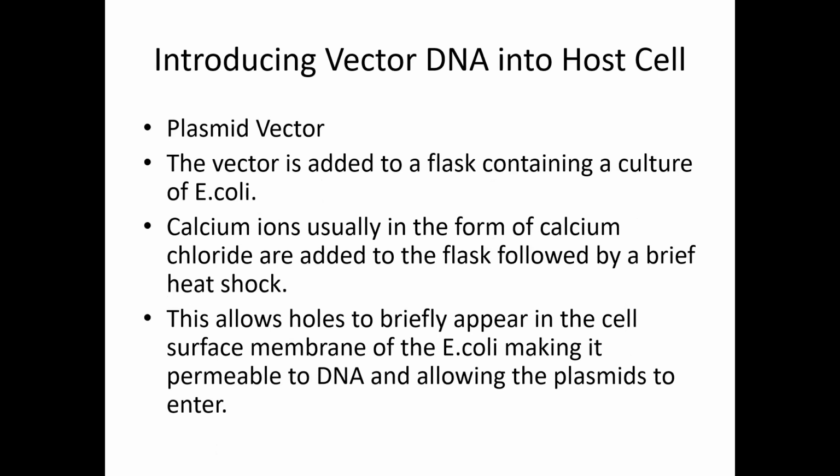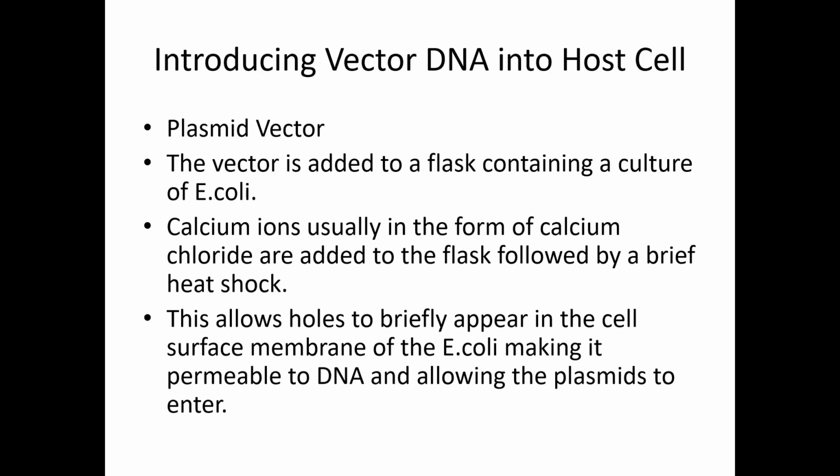First, the vector is inserted into the conical flask, which contains a culture, a colony of E. coli. Culture means they are prepared in the lab itself. Calcium ions, usually in the form of calcium chloride, are added to the flask followed by a brief heat shock. So that conical flask will be heated.